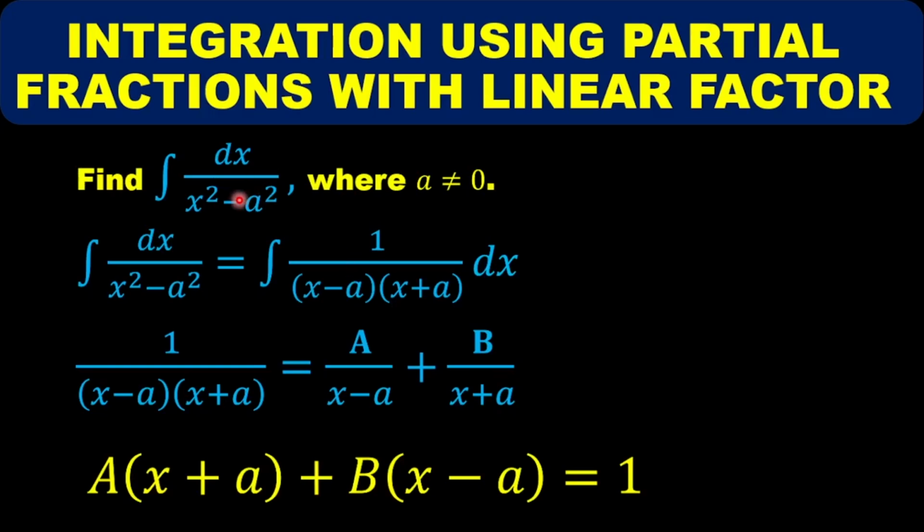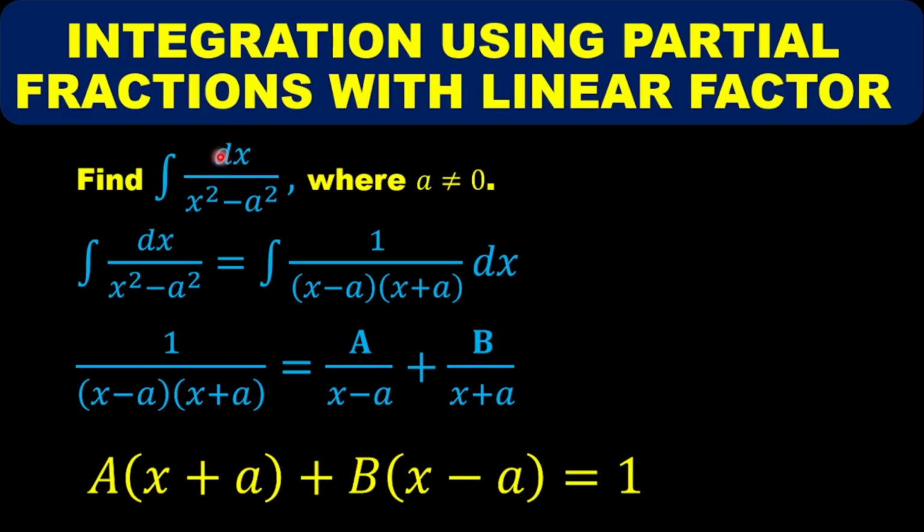So for the next example, we have: find the integral of dx over x squared minus a squared, where a is not equal to 0. Now you can see clearly that where we have the dx, it simply tells you that the coefficient here is 1.